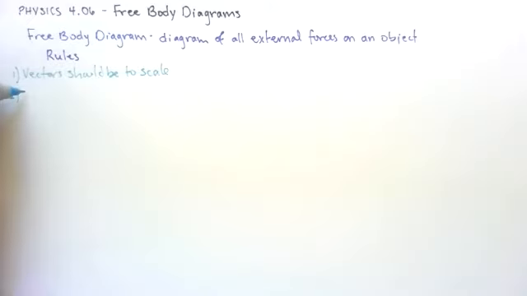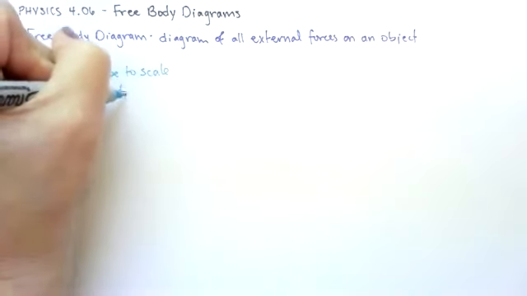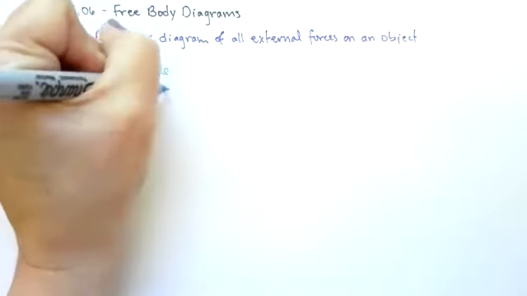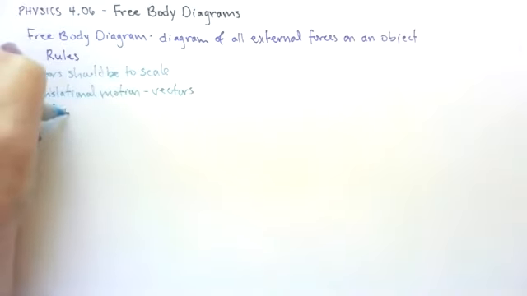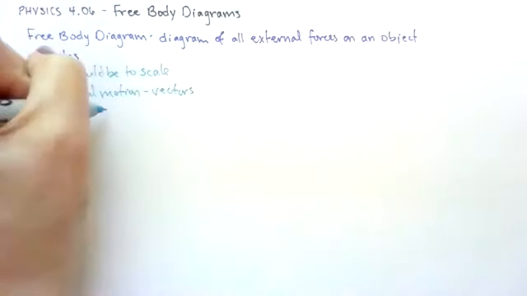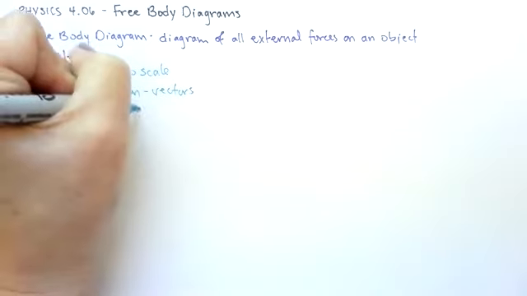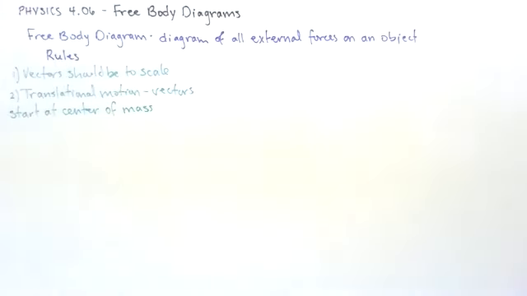Two, for straight line motion or translational motion, vectors start at the center of mass. All right, and then we'll add more rules as we go.